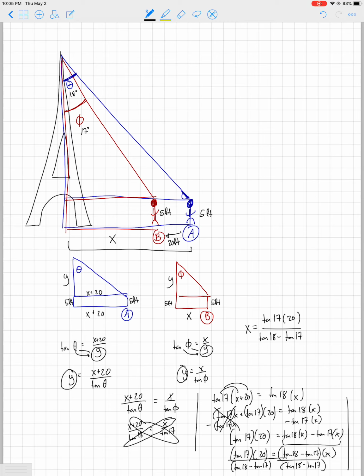We can plug that into the calculator to get rid of the trig. This will be x, which means we now have this value, and we can add 20 to it to find the bottom of the blue triangle. Now we can go in and solve for the height, just like it was one of your problems where you could measure the bottom.